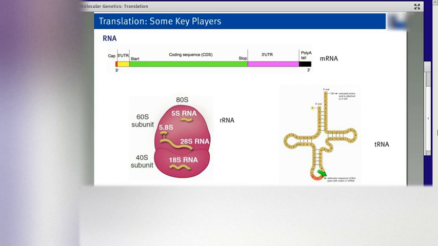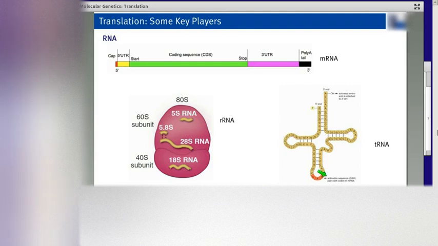All right, so does one tRNA have multiple amino acids on it? No. So how does that work? Is each codon going to be read by one tRNA or multiple? Yeah, it's got to be multiple, right?